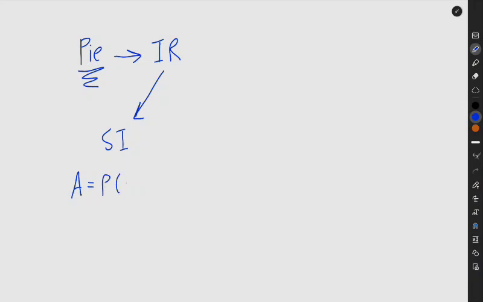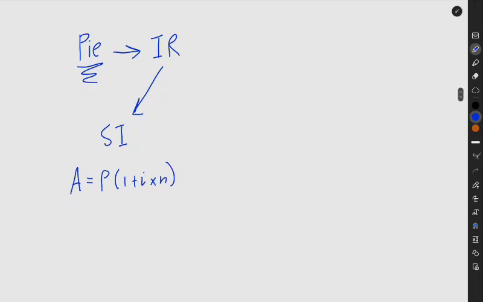Now, I keep saying pi, but let me show you what I mean by that and why it's such an effective tool in understanding our interest rates. All right, let's look at simple interest. Our formula, as we recall from earlier, is accumulated is equal to principal, or pi, bracket 1 plus interest times terms.